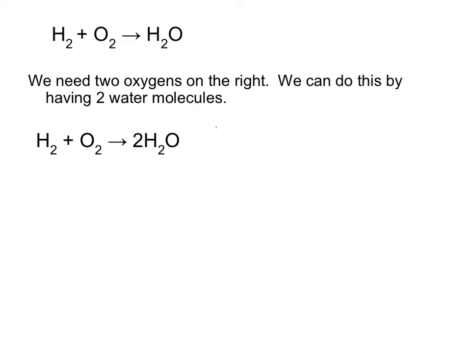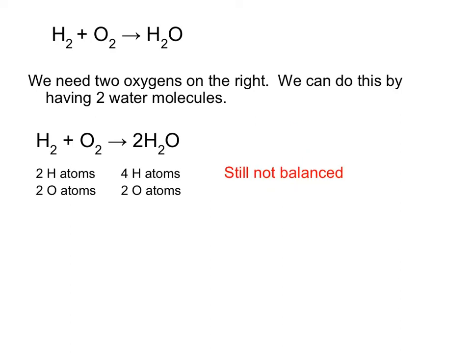We can see that if I have one water molecule and two water molecules, now I have a total of two oxygen atoms in my products. However, we can see that this now adjusted our number of hydrogen atoms. We now have 4 hydrogen atoms on our products. So our equation is still not balanced.